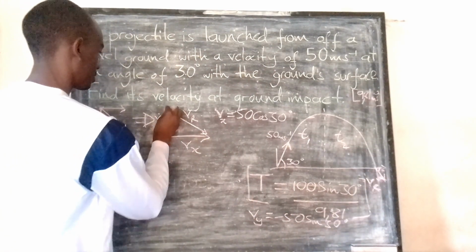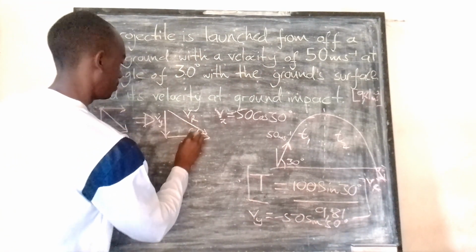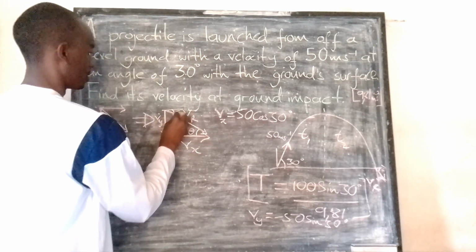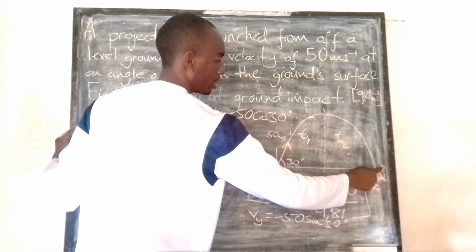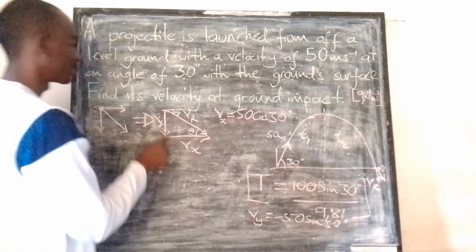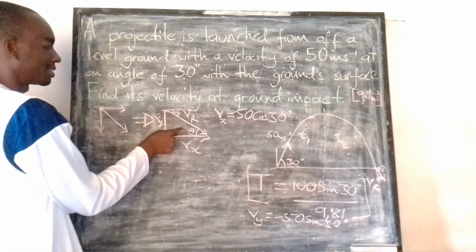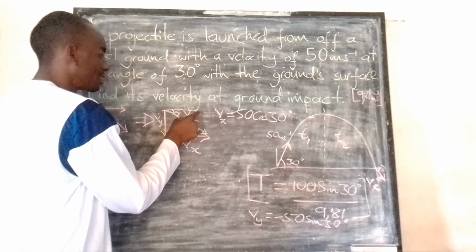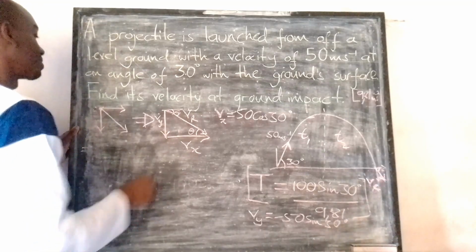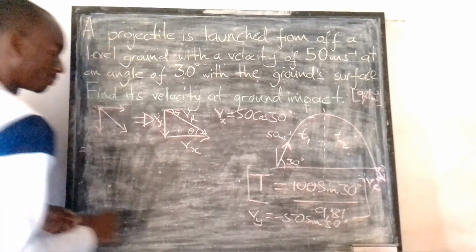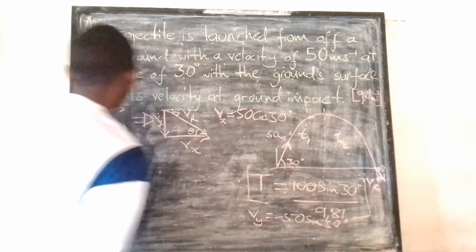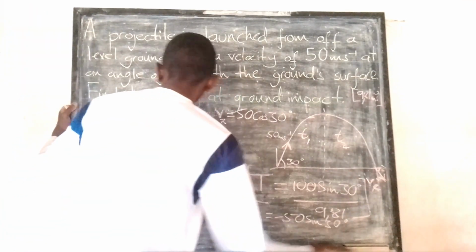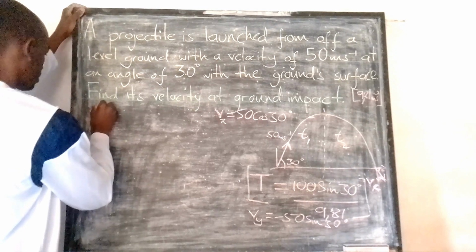Let me label it as theta on this diagram. So what we want is the size of this angle and the size of this velocity, that is the magnitude of the final velocity. Let me rub all this and put this triangle over here now. So we've got a triangle like this.